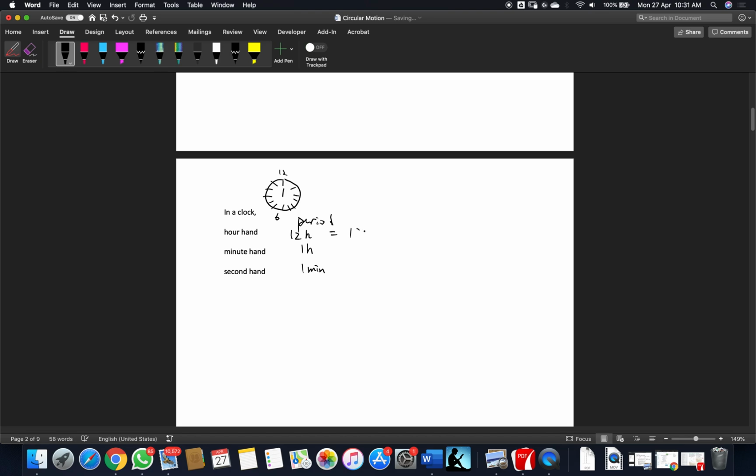So 12 hours is 12 times 60 minutes times 60 seconds. For 1 hour is 60 times 60 seconds, for 1 minute is 60 seconds. So the angular speed of the hour hand is 2 pi over this one, and then just use your calculator to find it.